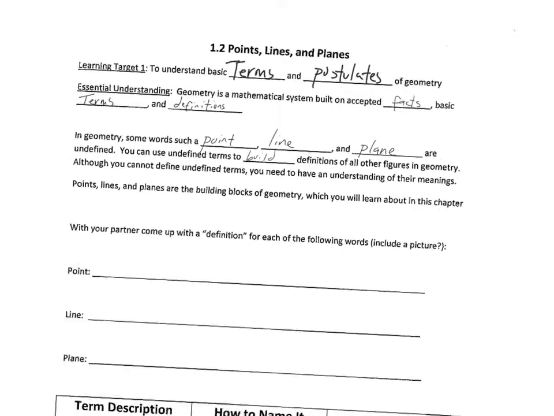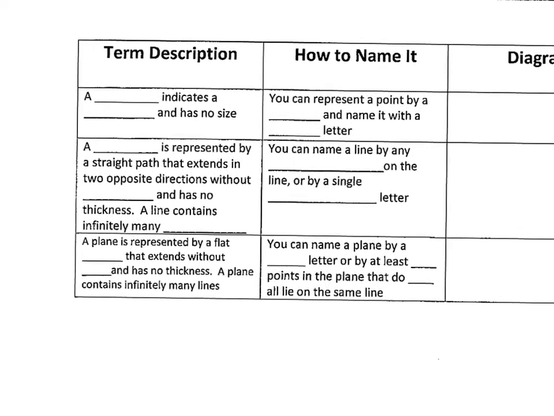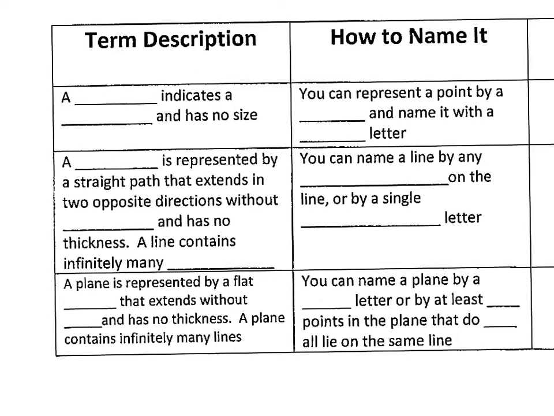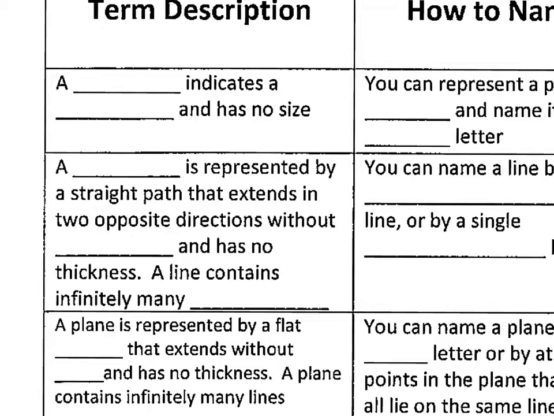So let's jump down here and actually just talk about these three things. Now, there is no definition, but we can describe it. So this is how we describe a point. A point indicates a location. Think about it like a map, your iPhone, your Google Maps.